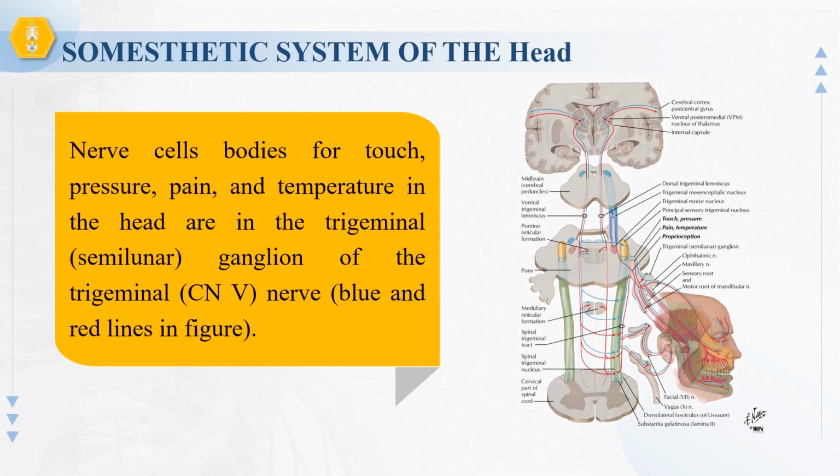Most of these neurons project to the contralateral VPM nuclei of the thalamus, and from there to the postcentral gyrus of the cerebral cortex, where they are somatotopically represented.